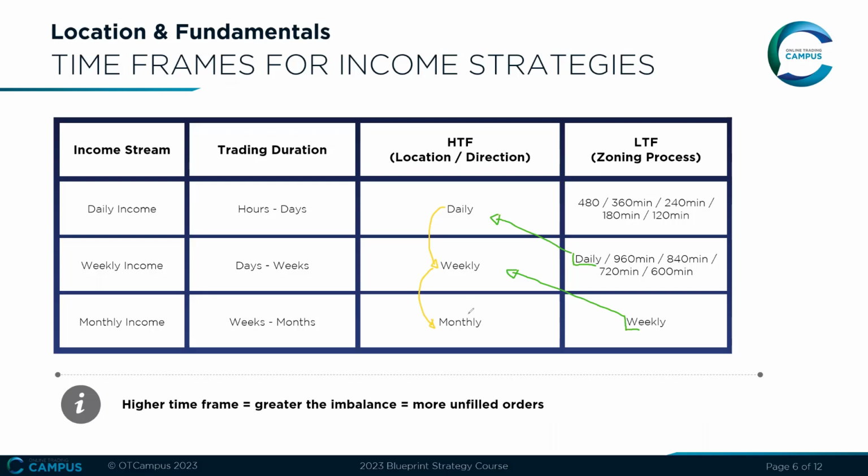But if we know that we're in monthly supply and demand in terms of the location, then we have a weekly supply and demand within that, then already I have what we would call a higher time frame coverage.